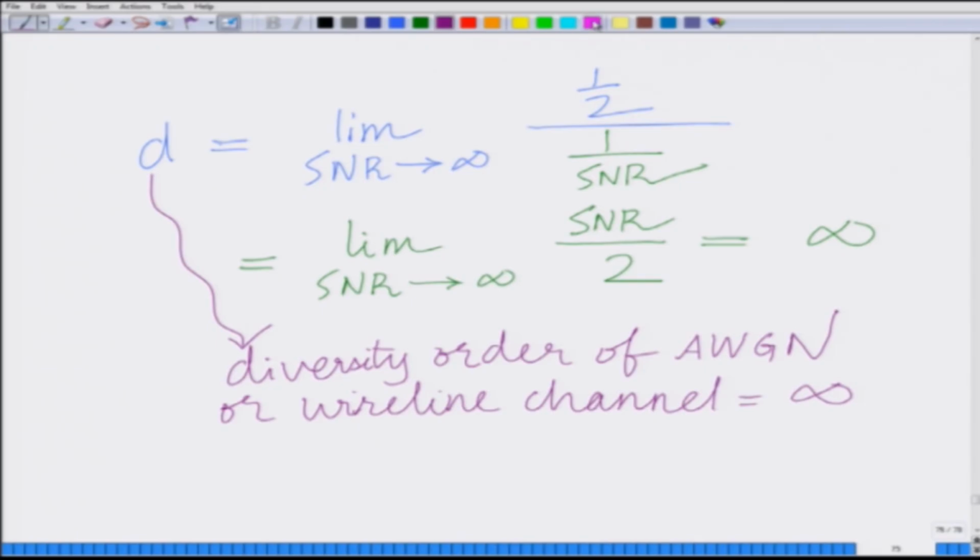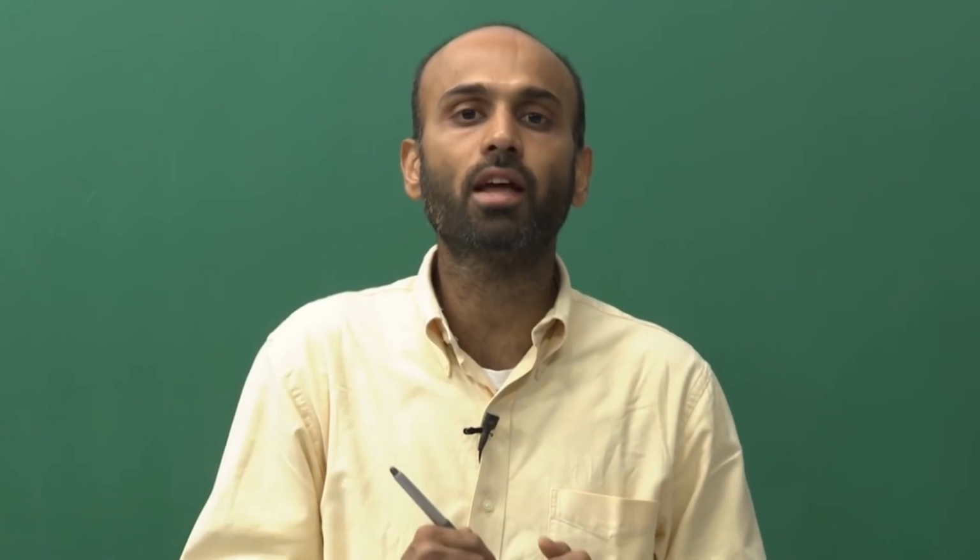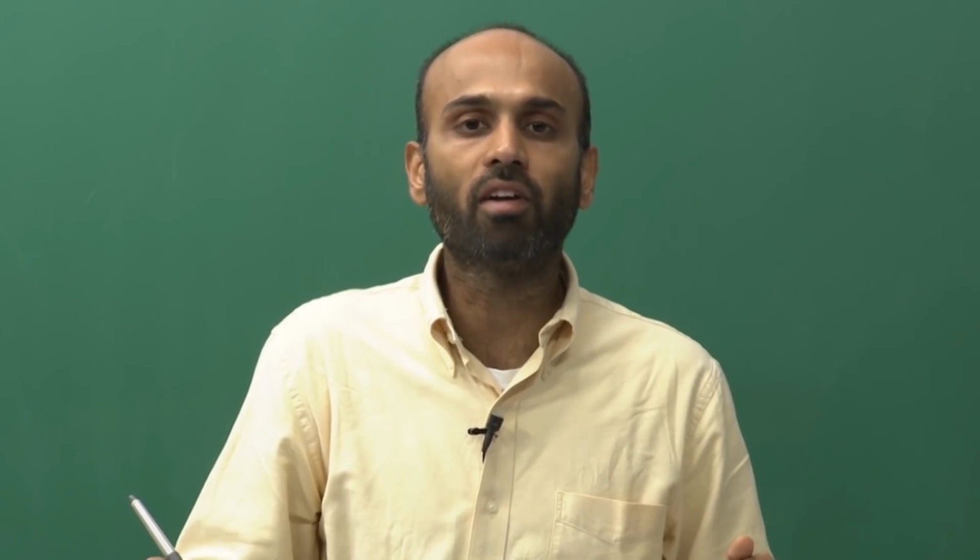That is, the wire line channel can be thought of as comprising an infinite number of independently fading links. That is, the diversity order, which is related to the number of independently fading links, is infinity for the wire line channel. So, it can be thought of as the combination of an infinite number of independently fading links.